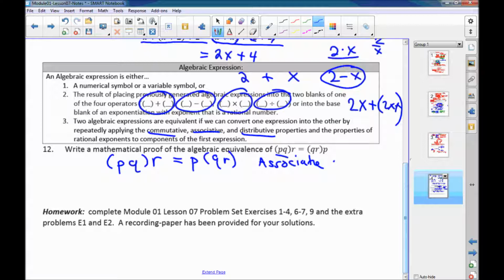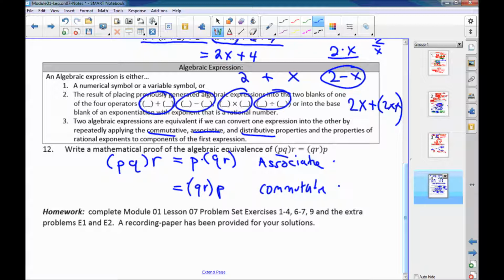All right. Now I need the P to be in the back. I can do that. I'll just take the P and move it behind the Q and the R. Okay, so that rearranges around this multiply, and what property rearranges around a multiply is the commutative property for multiplication. And now I have equivalent statements.